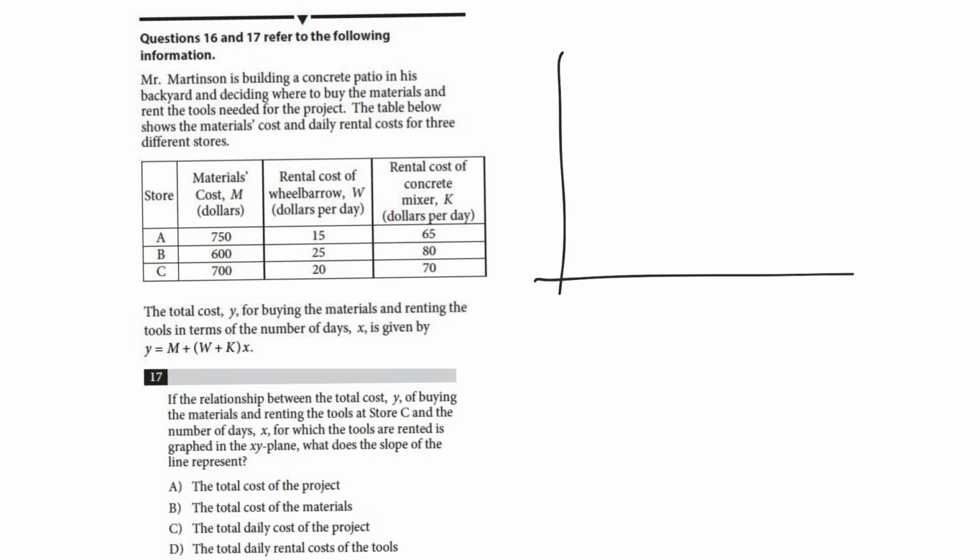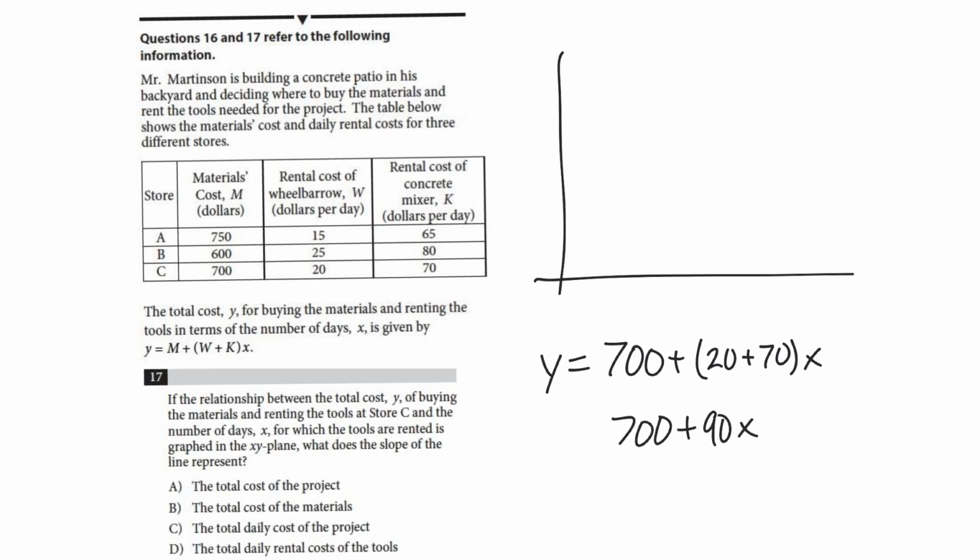So if we graph this relationship for C, M for C is 700, W is 20, and K is 70. So 700 plus 90x. It's going to look something like this.